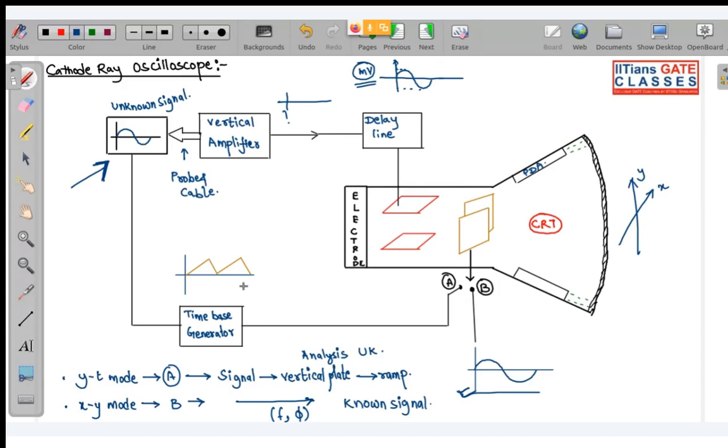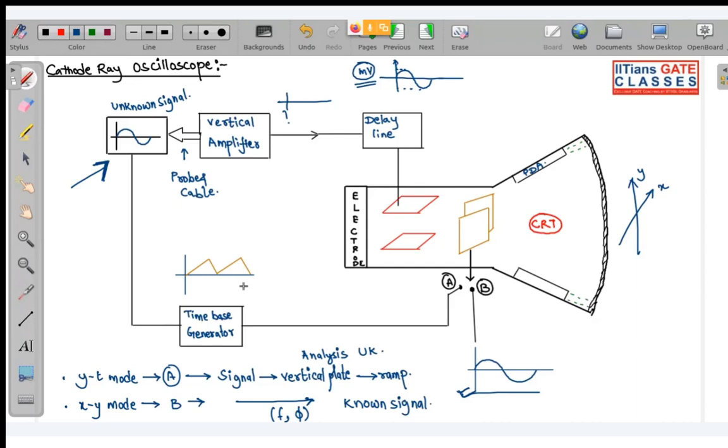Next point, vertical plate deflects electron in left right direction, in bracket write horizontal direction or x coordinate.